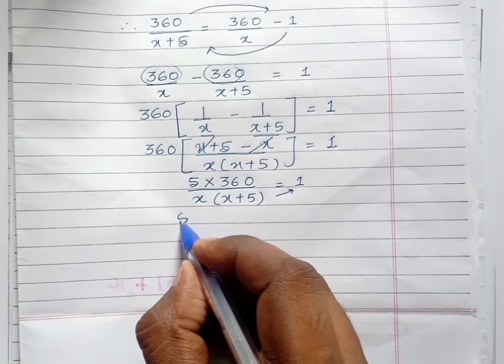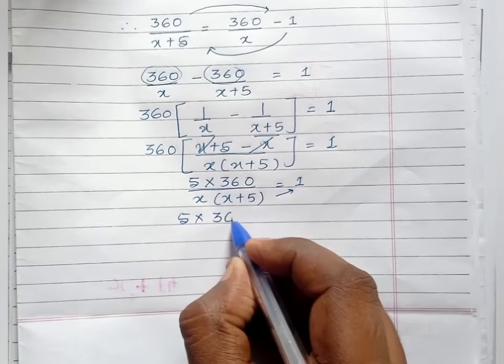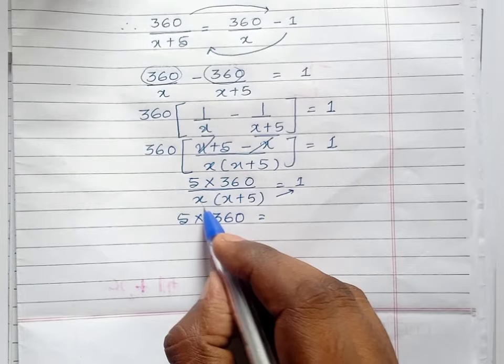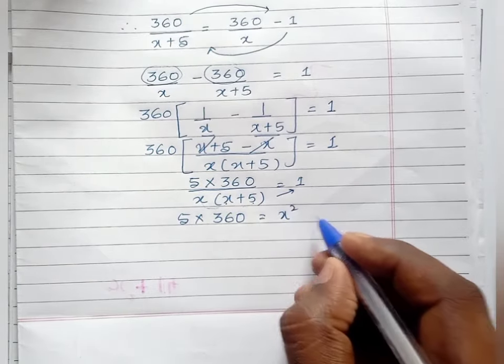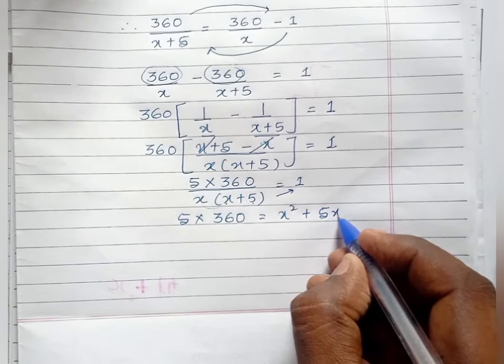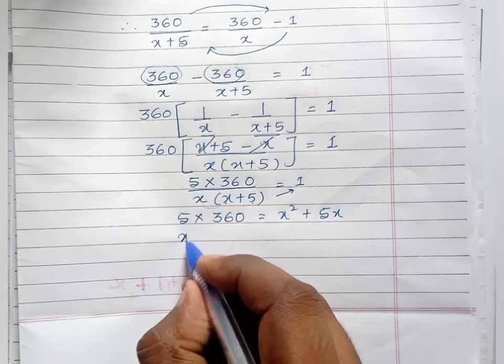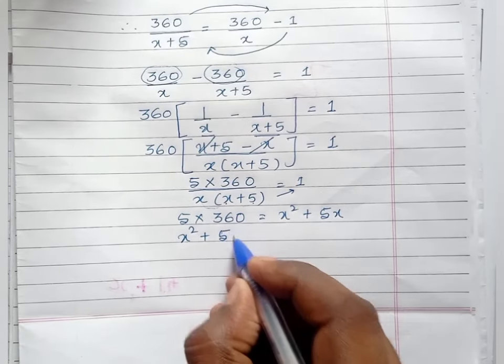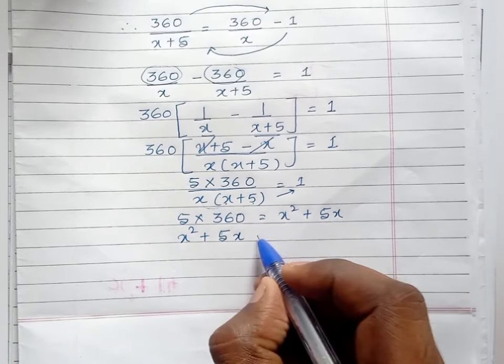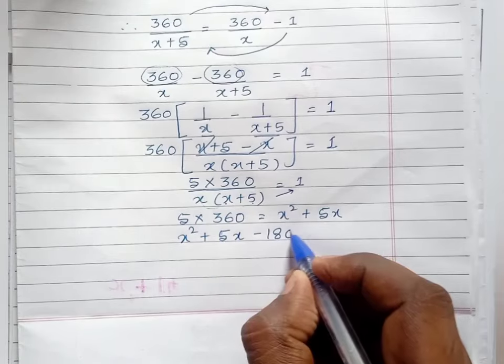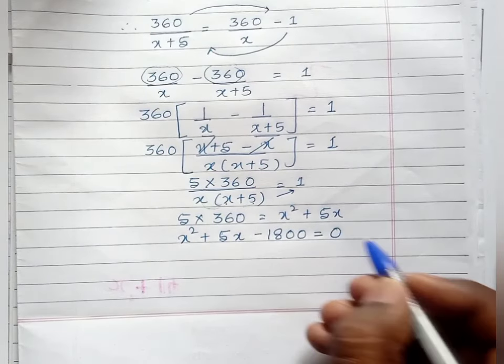Now cross multiply, 5 into 360 equals x into x square, x into 5 is 5x, now x square plus 5x. Now 5 into 360 is 1800, shifted to RHS. What you get is minus 1800 equals 0.